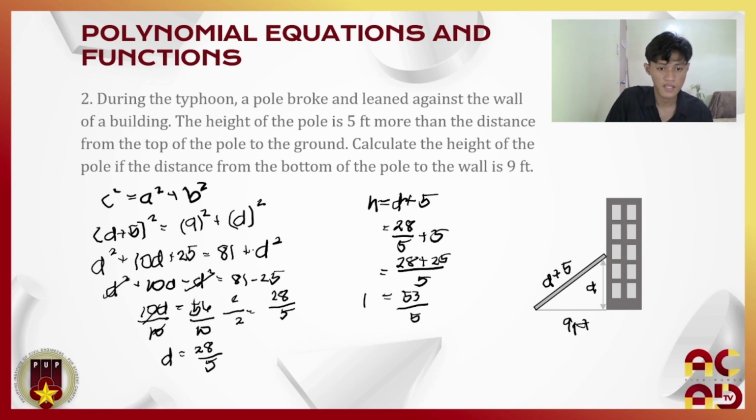So ito na yung ating height. So if gusto natin siyang i-represent as a decimal, pwede din. So 53 divided by 5, so that is just 10.6 feet. So ito na yung ating final answer for this sample problem number 2.